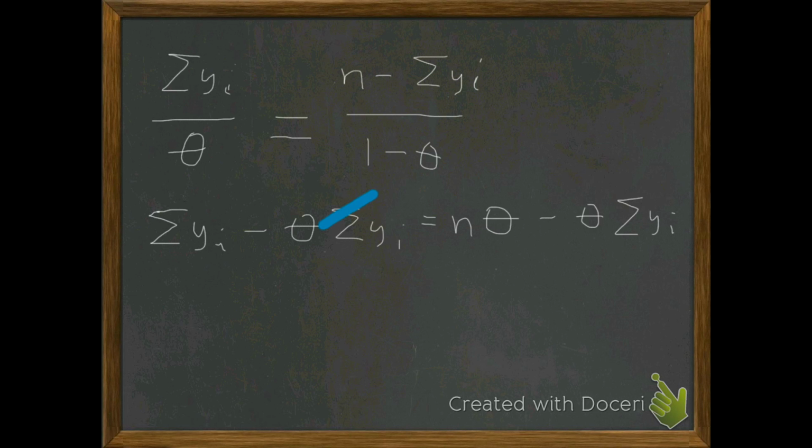We can get rid of those. So we have that the sum of our y sub i's is equal to n times theta. Guys, we're most interested in theta. So the maximum likelihood estimation of theta in this case would be the sum of our y sub i's divided by n.